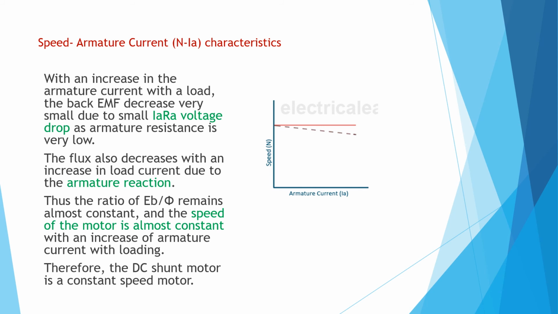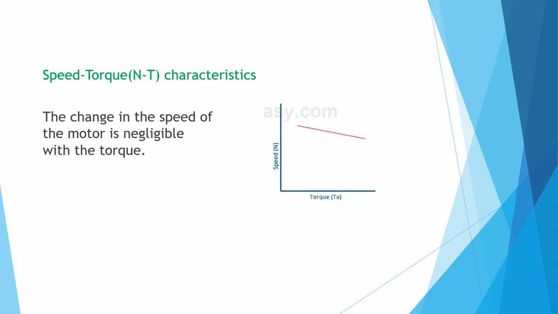Therefore, DC shunt motor is a constant speed motor. Speed torque characteristics: the change in speed of motor is negligible with the torque.